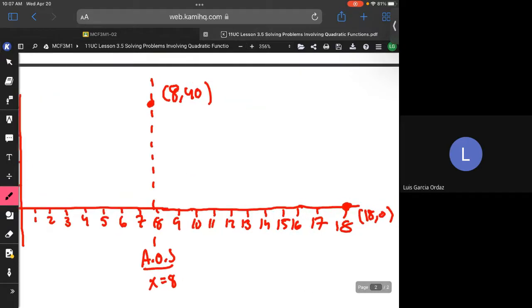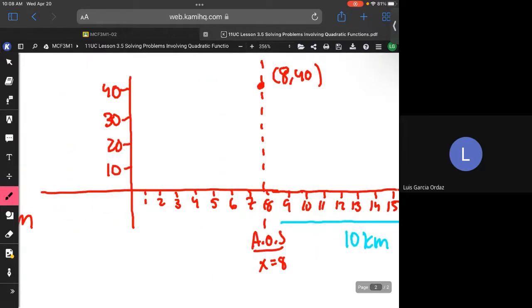So now this is where the 20 kilometers wide comes into play. From 8 to 18, how many kilometers is that? 10, right? So from the middle of the bridge to the other side of the bridge, that is 10 kilometers. Because my bridge is 20 kilometers wide, how far left do I have to go from the middle? 10.